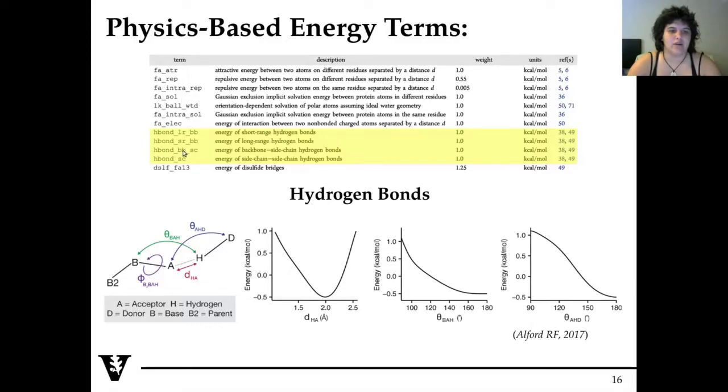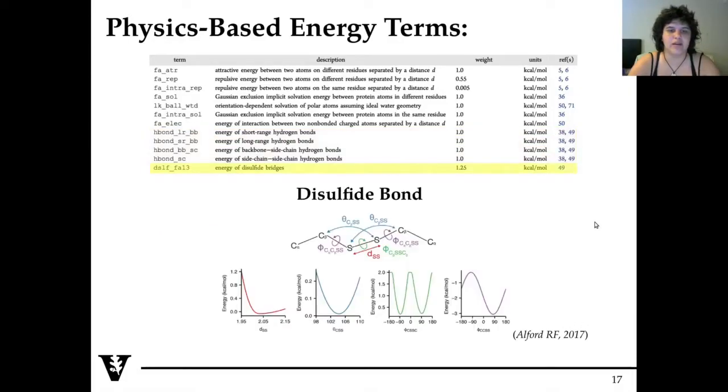Then we have the hydrogen bonds between backbone and side chains, and then a term for only the interactions that are within side chains only. So with these four terms we can describe all the hydrogen bonds that are formed in a protein, or also in a couple of proteins, like in an interacting protein.